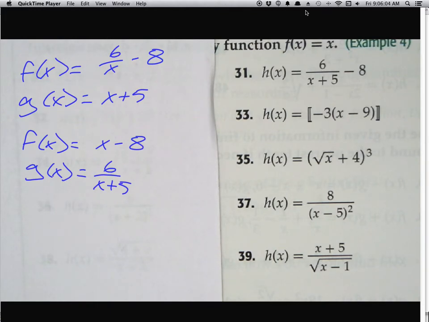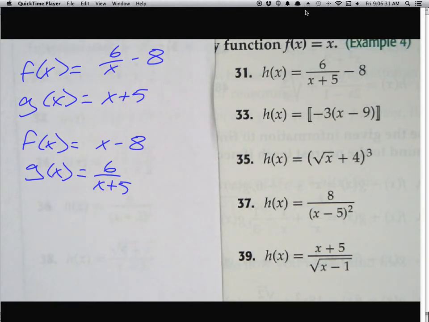Very good, Kathleen. Chris, did you see another one? Well, something similar to Kathleen would be 6 over x plus 5. And could you do 1 over x minus 8? Or would that not be correct? No, that wouldn't work. If you combine it, you don't end up with the same thing.